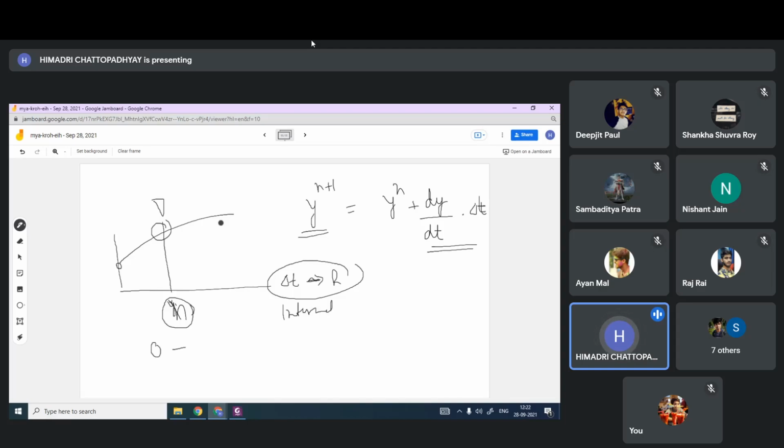for example 0 to 3 seconds, if you go by 0.1 interval, you will require 30 calculations. If you take 0.05 interval, you will require 60 intervals. So this is the zone from 0 to 3 you are resolving.